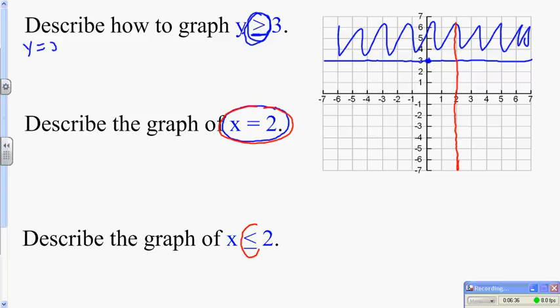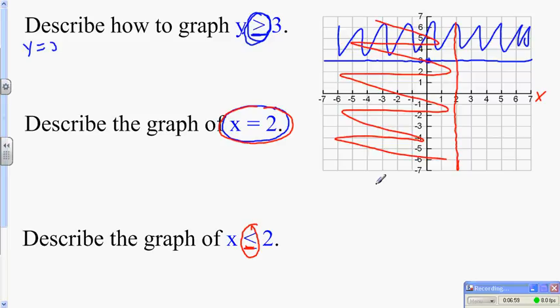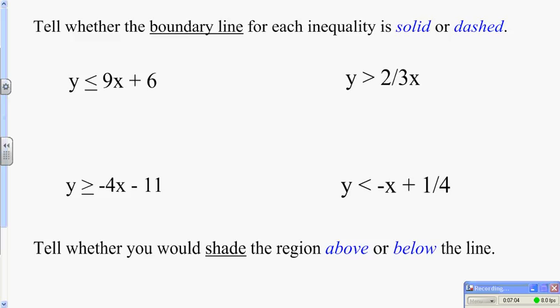If I change it to less than or equal to 2, now we're talking about something else. That one would look like that line. It's solid because there's a line under it. You would shade less than. Now this is the x-axis. You're more familiar with x. What x's are less than 2? Everything on this side. So that's how you would handle vertical and horizontal lines.